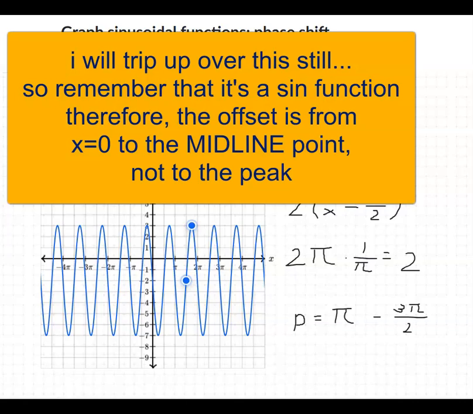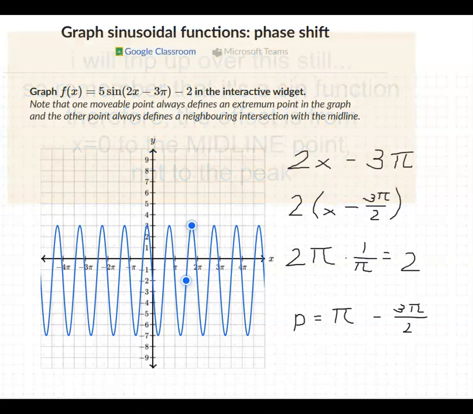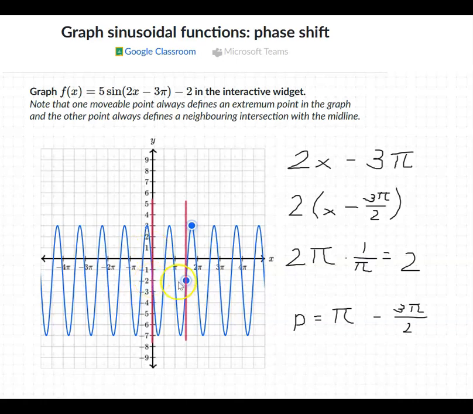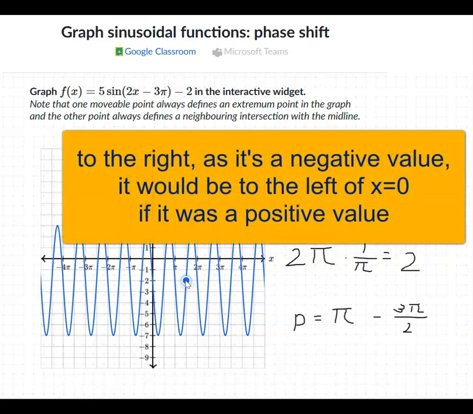remember that we are talking about a sine function here, so the offset happens from x equals 0, from this point here to the midline point. So the midline point will end up being 3 pi over 2 to the right. As it's negative, it goes to the right.